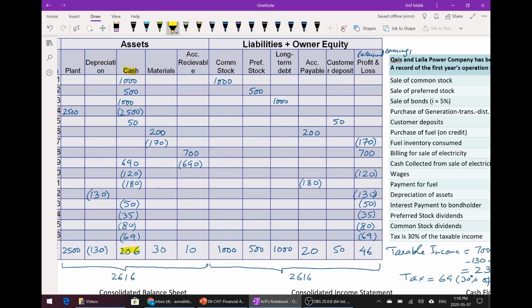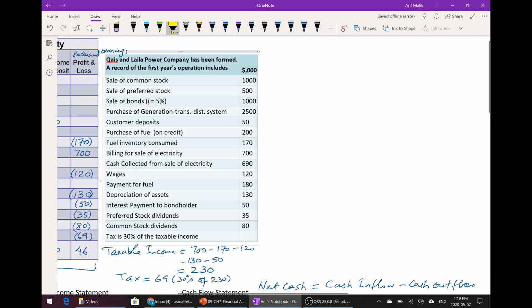But companies do not present it like that, showing the cash inflow and cash outflow. Mostly the company presents it with the indirect method, and the indirect method is using this equation here, that assets are equal to liabilities plus owner equity. So let's look at how they present it.